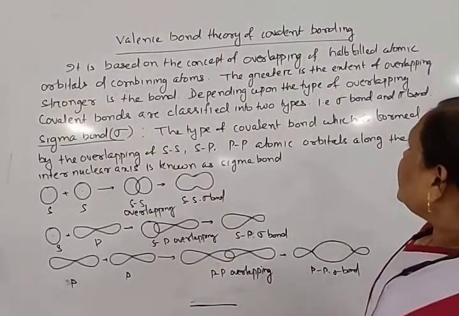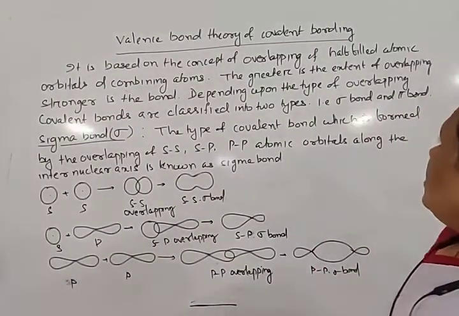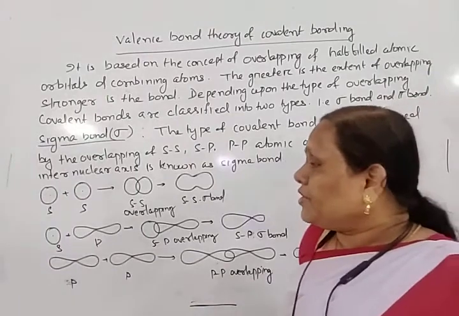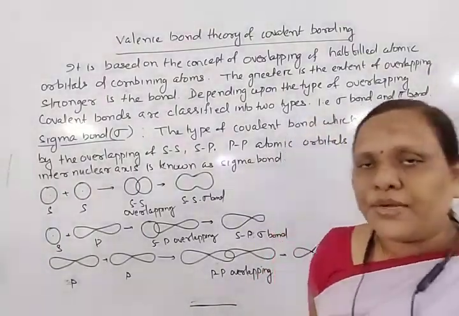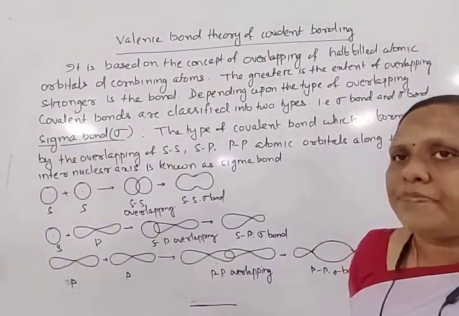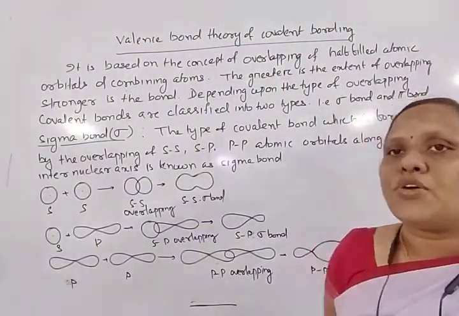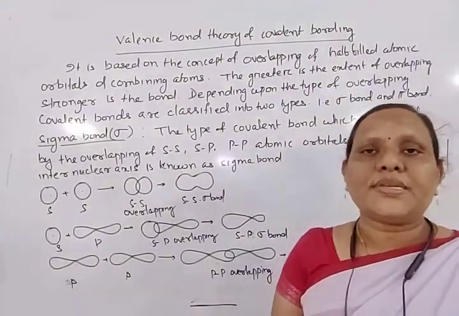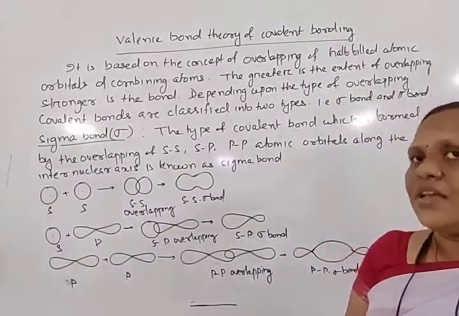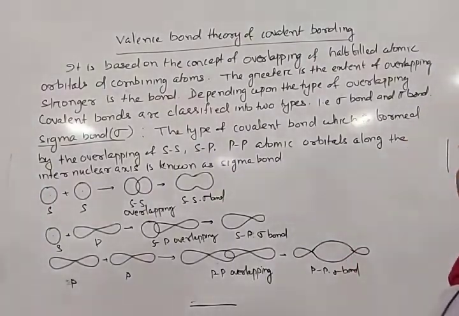Next, the greater the extent of overlapping, the stronger the bond, and depending upon the type of overlapping, it is classified into two types: sigma bond and pi bond. A sigma bond is formed when the overlapping takes place between ss, sp and pp atomic orbitals along the internuclear axis. So note down these points.